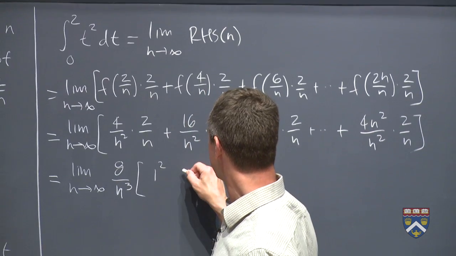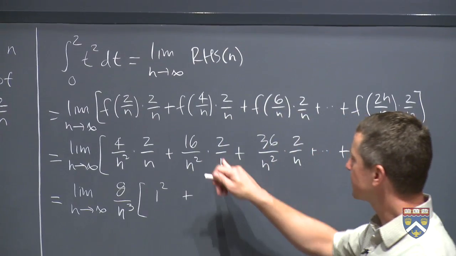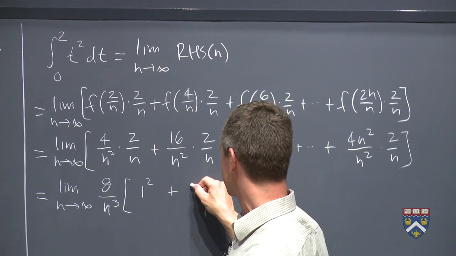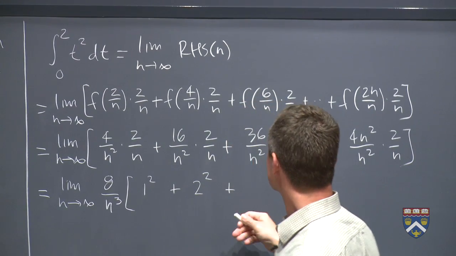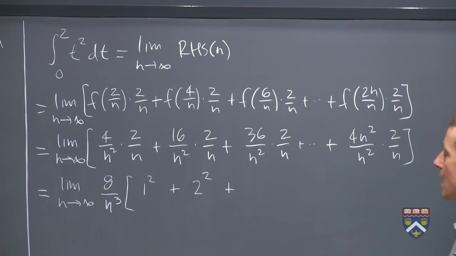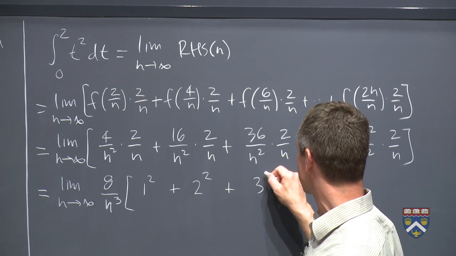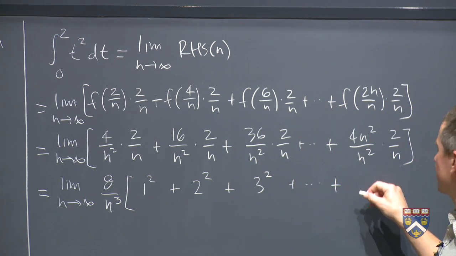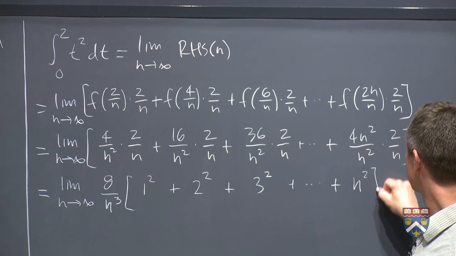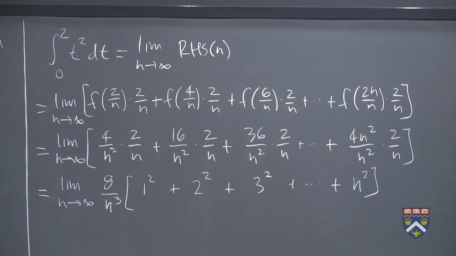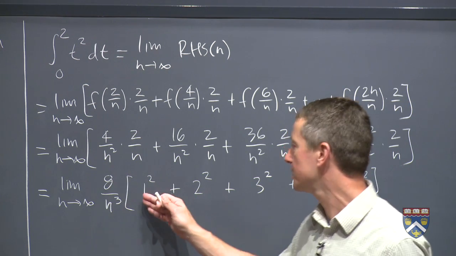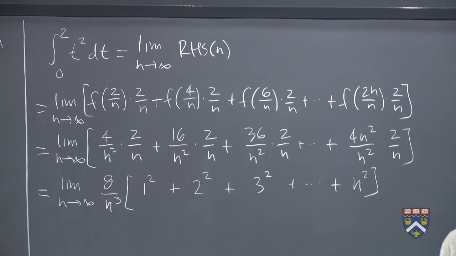I think that's okay. If I factor, this is a 32. If I factor an 8 out of it, I'm left with a 4, which is the same as 2 squared. This is a 72. If I factor an 8 out of that, I'm left with a 9, which is 3 squared. And if I factor an 8 out of the top of this, I'm left with an n squared. And again, we can see this is an indeterminate form. 8 over n cubed is going to 0, but the sum of this is going to infinity.